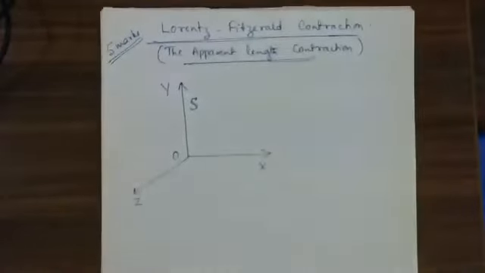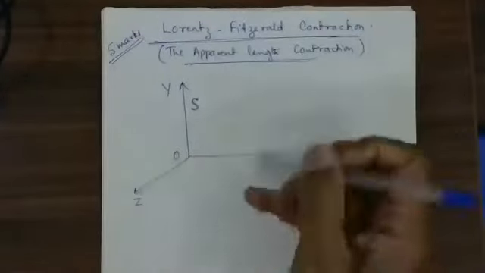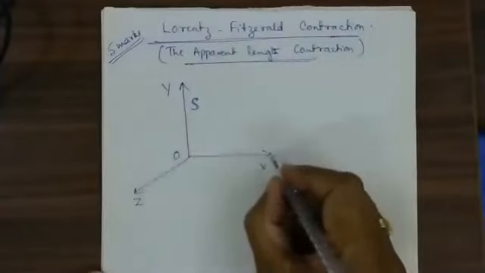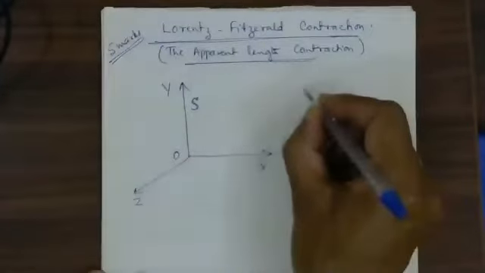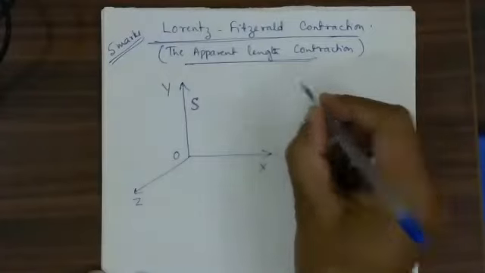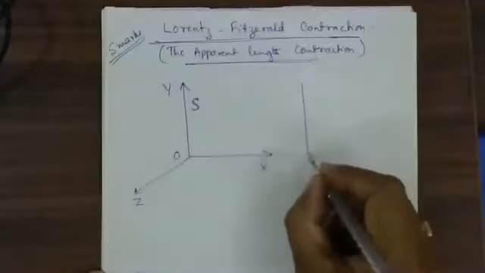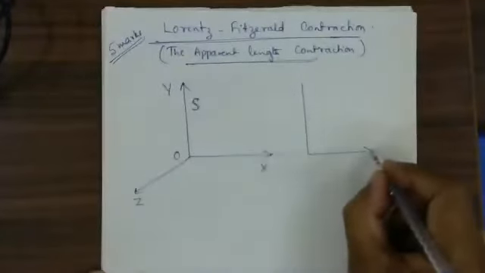This is a frame of reference which is not moving at all, said to be at rest. One more frame of reference goes on moving, having a common x-axis. After some time interval, I can show it like this: this is the other, second frame of reference.